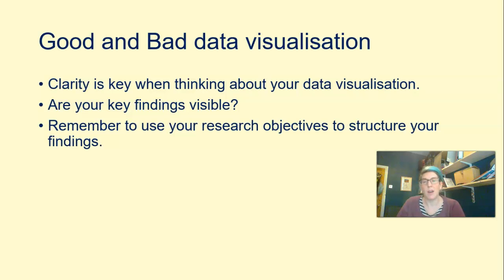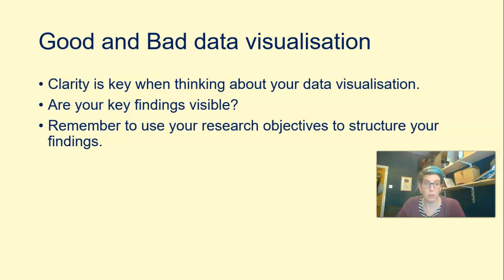And this is really where you have to decide how much of your data you're going to include in your findings and how much you're going to visualize. Sometimes people want to show everything that they've discovered, and in doing so, you can actually lose some of those key messages. So think about the hierarchy of your findings.